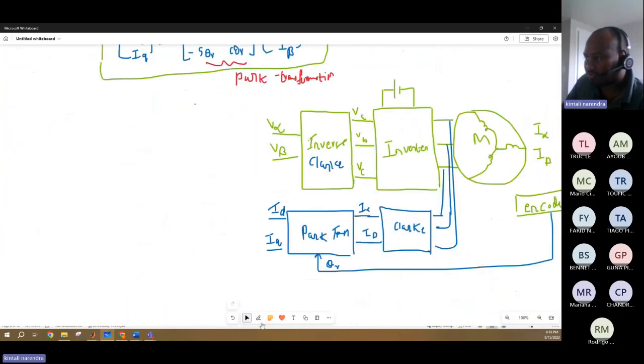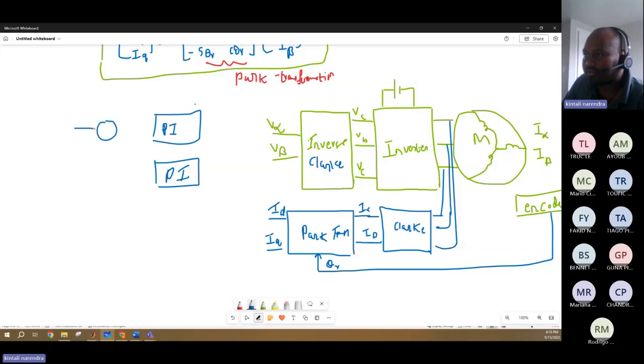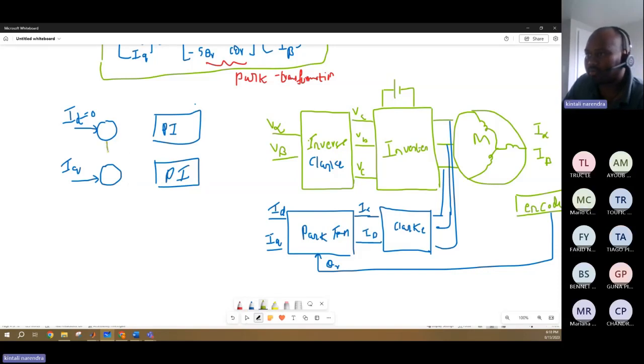So you have two controllers, PI controllers mostly. Your desired ID is 0, and you desire IQ because you want to control the position of the motor.